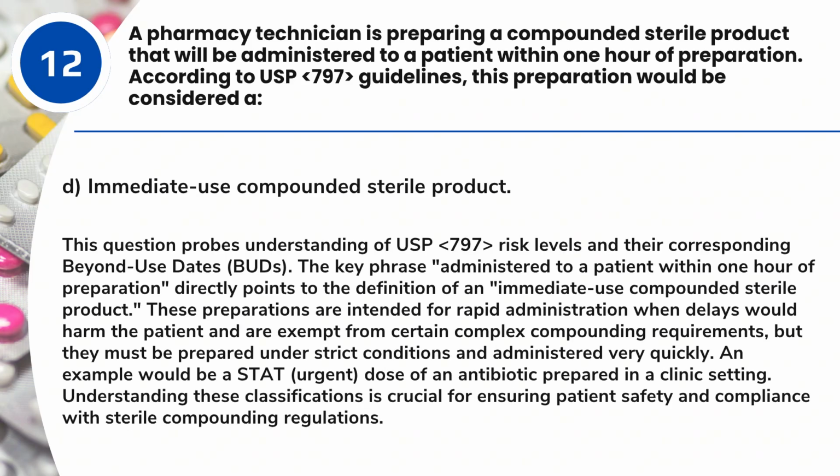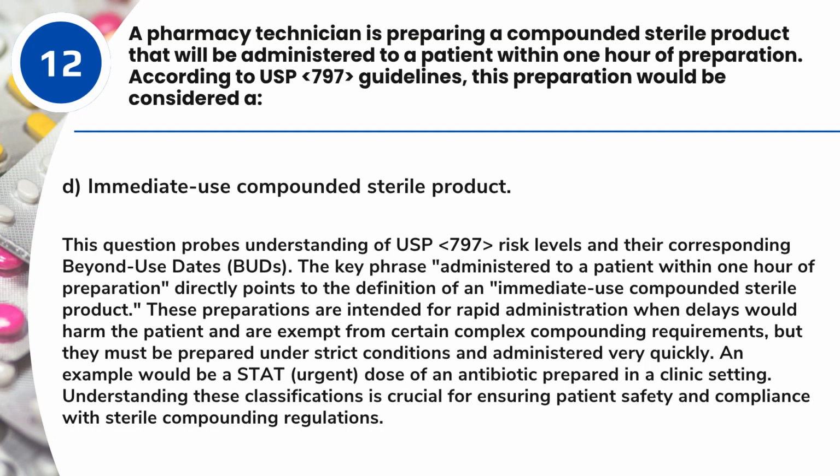Answer: D. Immediate-use compounded sterile product. This question probes understanding of USP <797> risk levels and their corresponding beyond-use dates, BUDs. The key phrase "administered to a patient within 1 hour of preparation" directly points to the definition of an immediate-use compounded sterile product.